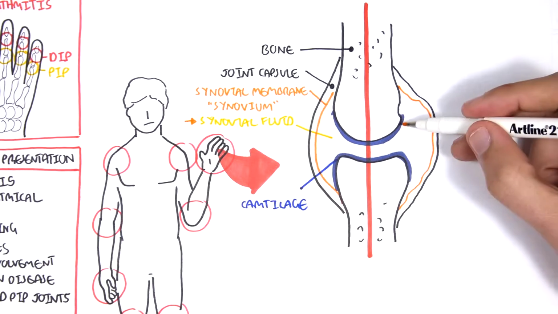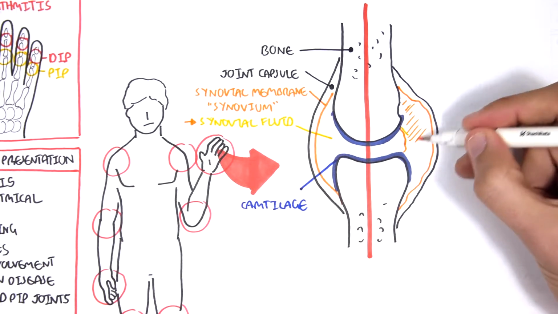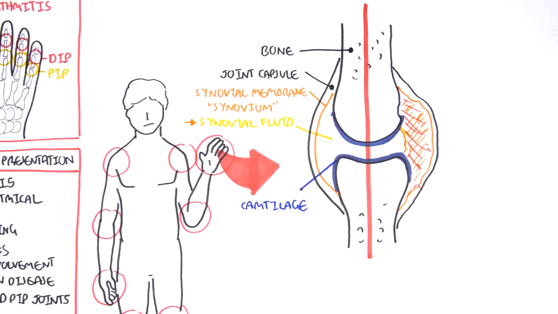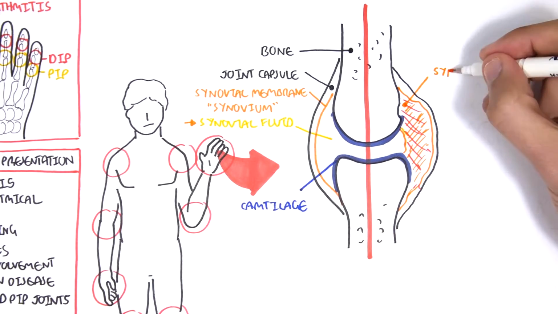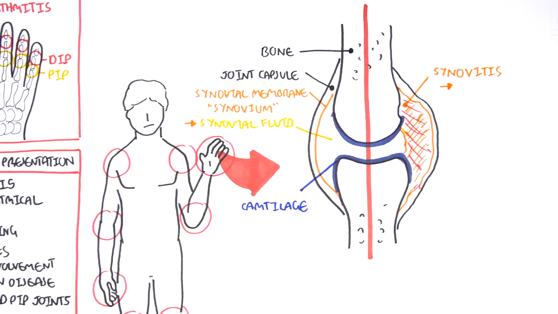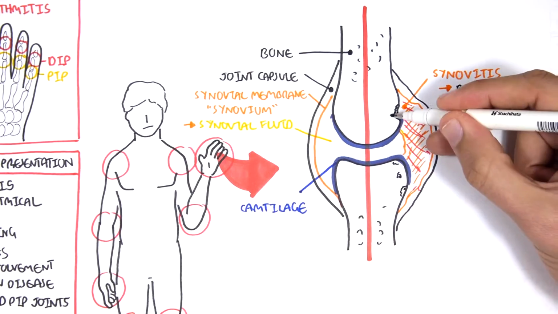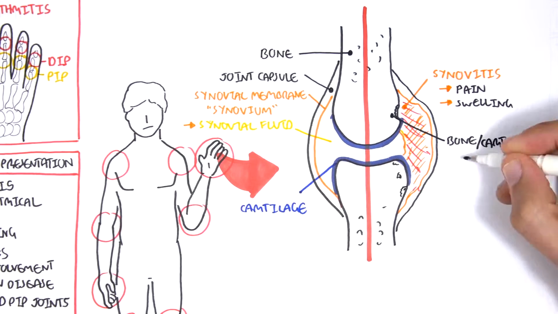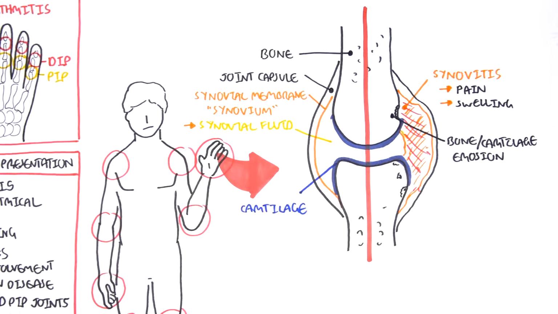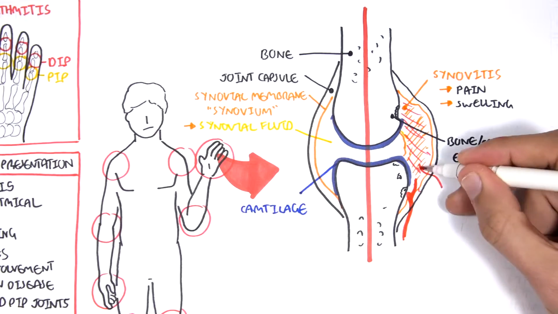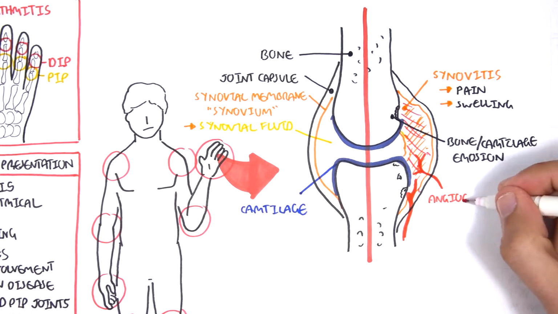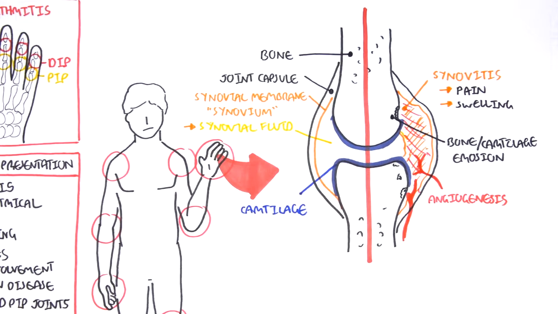In rheumatoid arthritis, you essentially have inflammation of the synovium, of the synovial membrane. You have synovitis, and this causes pain and swelling. This also leads to bone and cartilage erosion, breakdown. Another feature we can see in the joints of rheumatoid arthritic patients is angiogenesis.